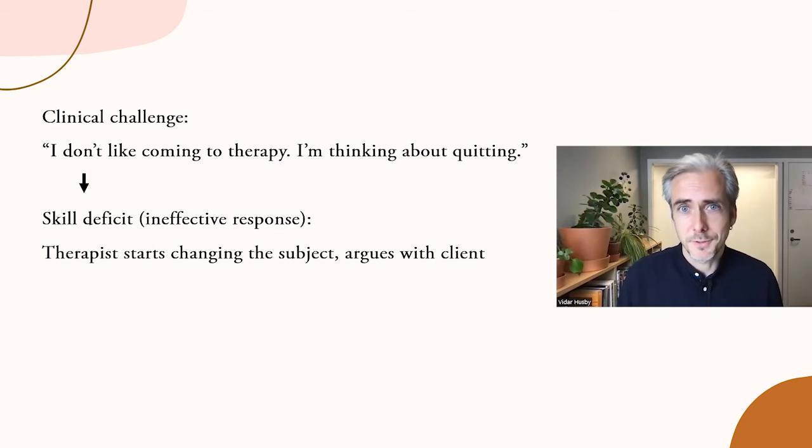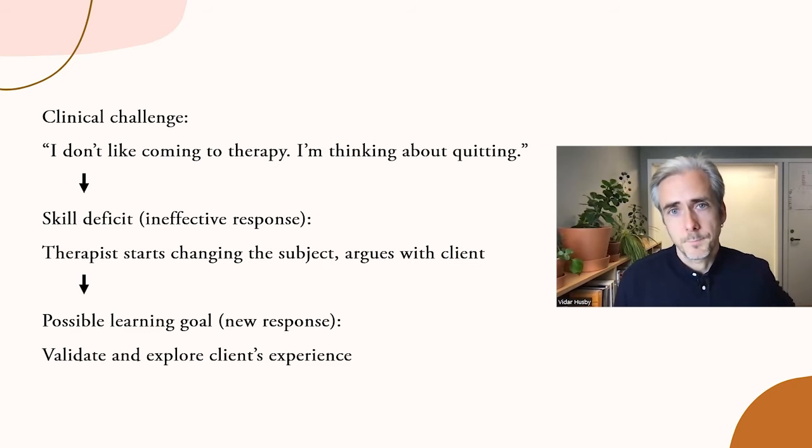Understandably, it's a very difficult situation. And most therapists struggle with these kinds of situations. But a learning goal for this kind of challenge could, for example, be A, validate the statement from the client, and B, try to explore the client's experience. That would be the 2 learning goals for this clinical challenge.